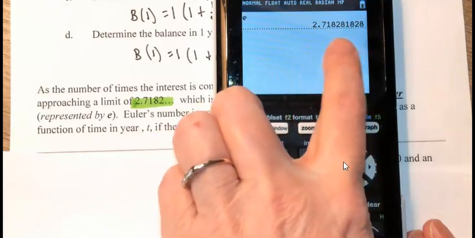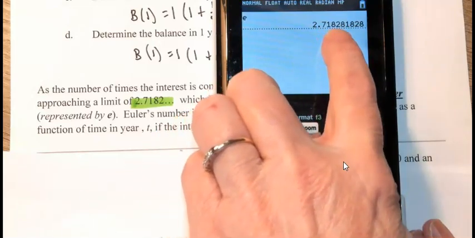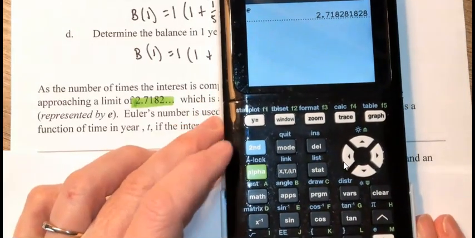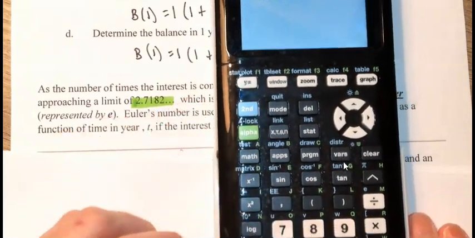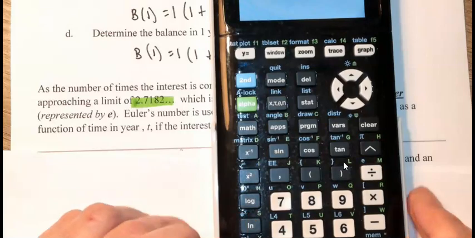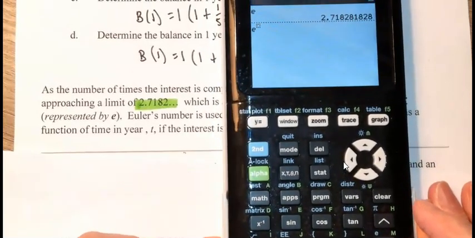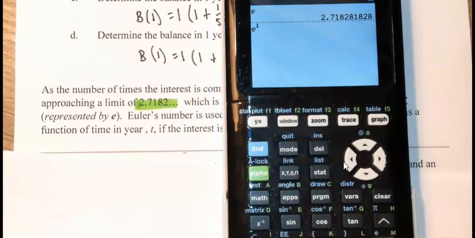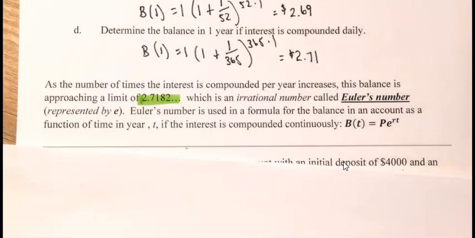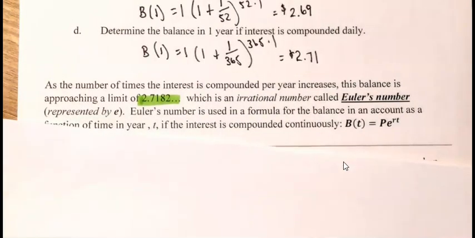So it does look like it's repeating here, 182, 182, or whatever, but it's not. It keeps going. And another place you can find that same number is second ln, which is down here just below log, and it'll say e to a power. If you put a 1 for your exponent, it'll give you the same value. We will be using this number more in future lessons.